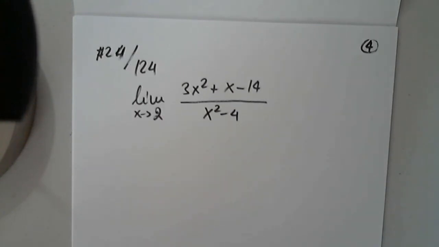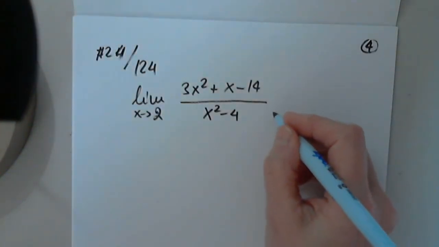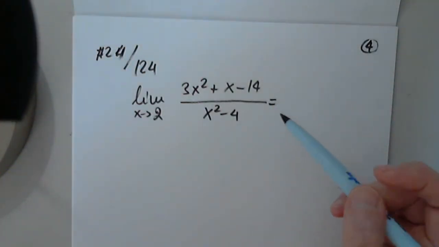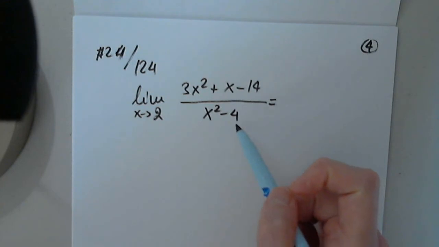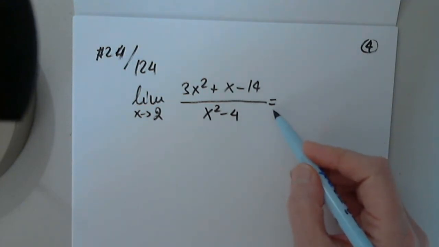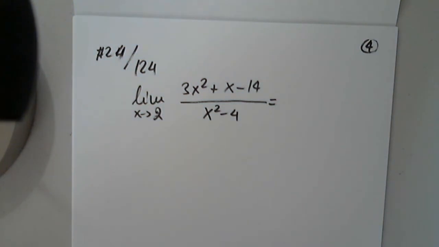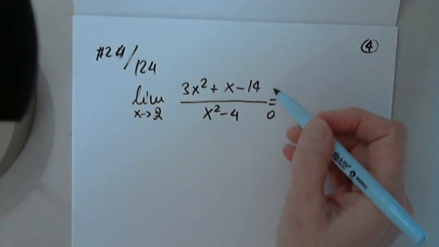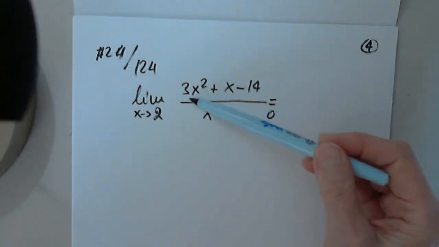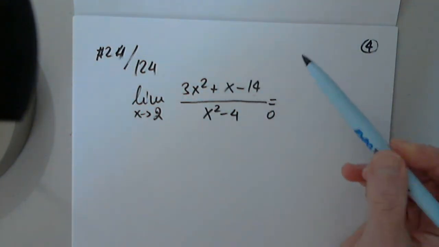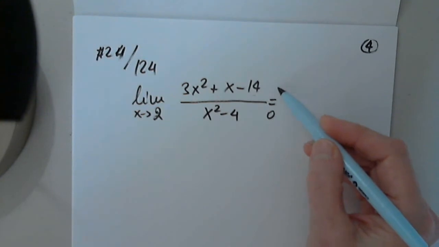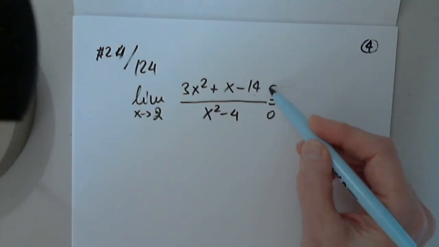You plug in 2. Brilliant. So let's plug in 2. I will plug in 2 in the denominator first, and what do I get? Zero. Excellent. What about the numerator? Zero. Excellent.